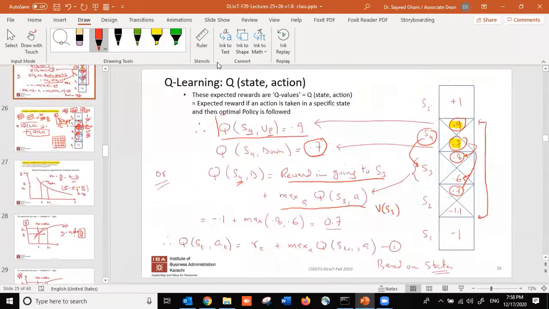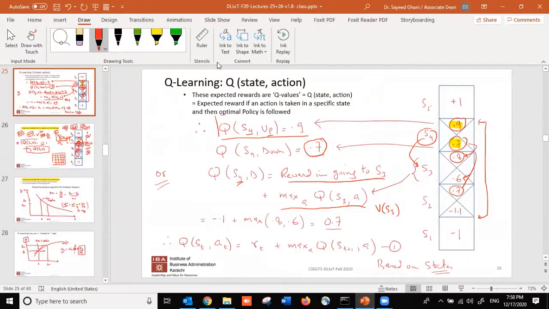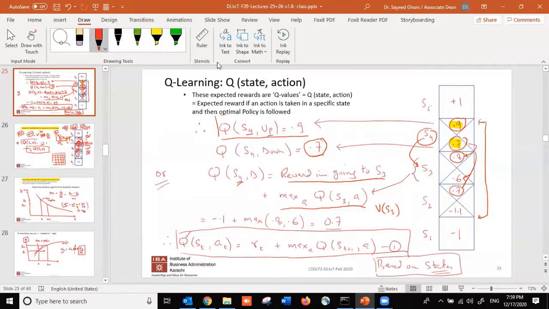So if you look at the previous equation over here, this is the equation that we looked at before. This equation wasn't a temporal equation. This equation was based on states. Now, why do I say that? Because here what we're saying is that the Q value depends on other states.